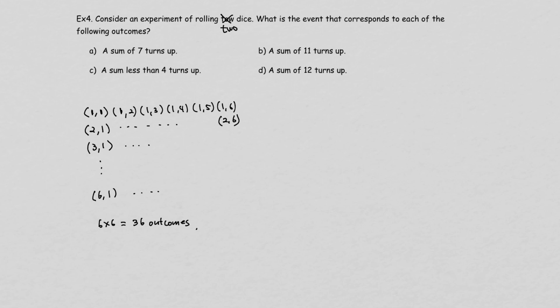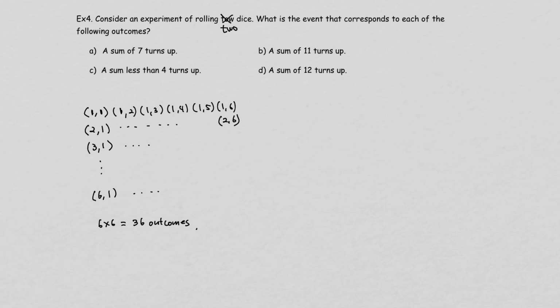And then once we understand that, let's see what the first one is asking. The first one is asking sum of 7 turns up. Sum means when you're adding these two numbers. So adding this number to be 7, 1 plus 1 is not 7. So it had to be 1 and 6. This is 7, right? Or 2 and 5 will be 7.